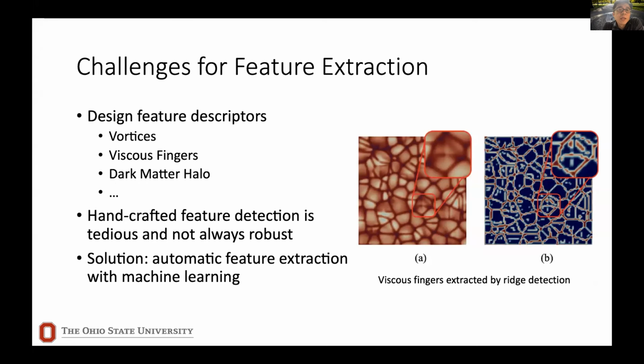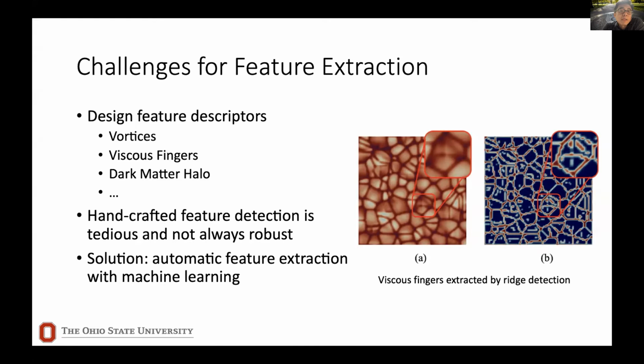Now, feature extraction in the scientific visualization field is actually a very difficult problem. This is because a lot of the time it depends on the domain you are talking about, say, computational fluid dynamics or cosmology. The definition of features depends a lot on the domain people.